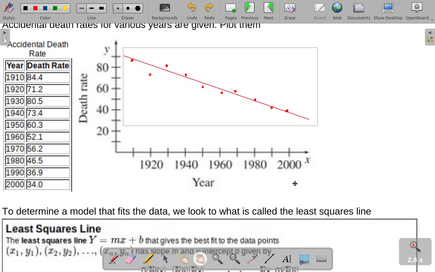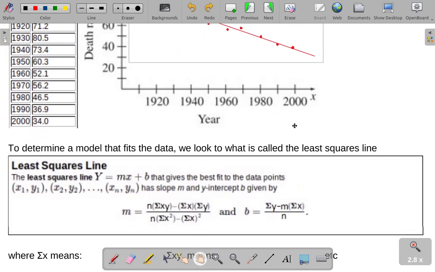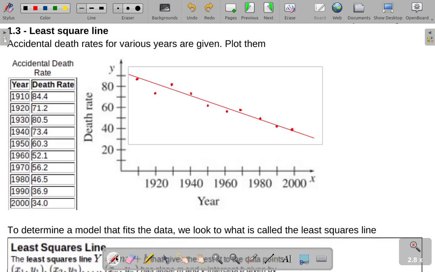What this least square line does, you can see there's a big complicated formula to actually find it. It basically says we're going to measure not quite the distance, but the vertical distance off of the line for each of these points. The vertical distance is a lot easier to calculate, and that's why it's used. Then we square that distance and sum all of those values up.